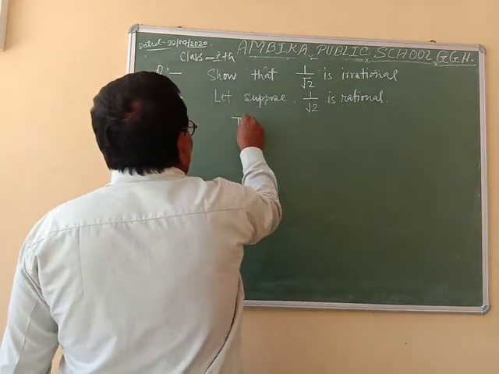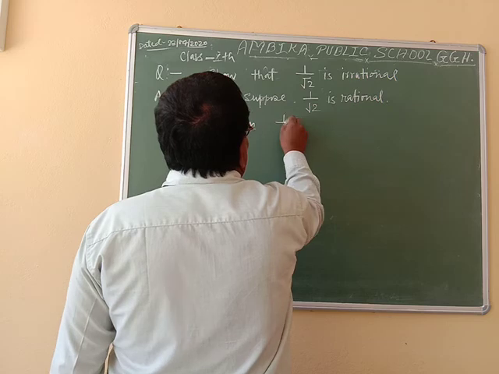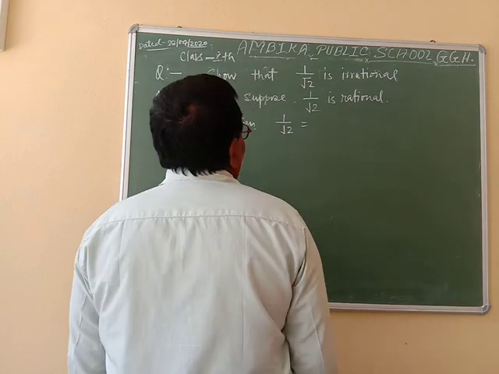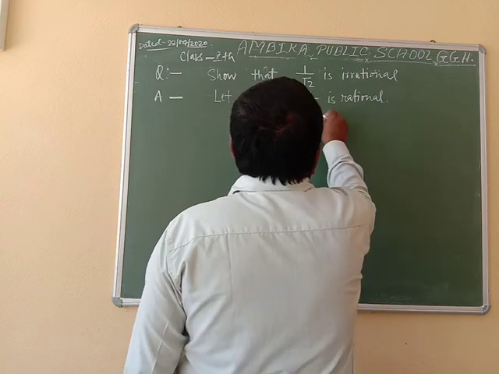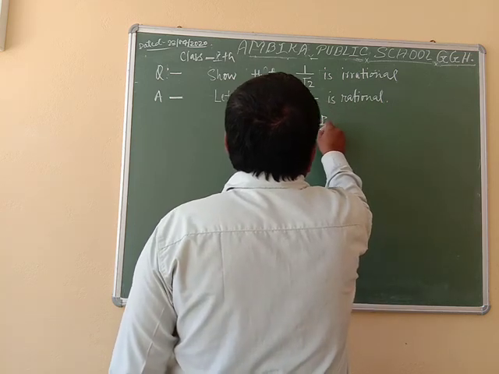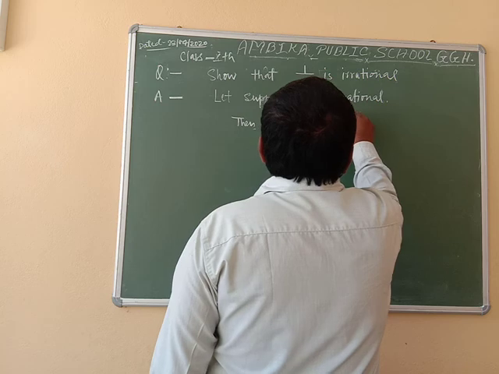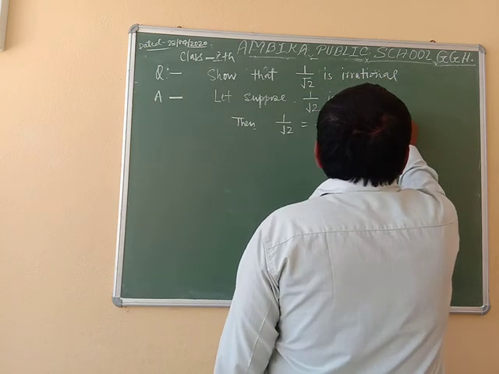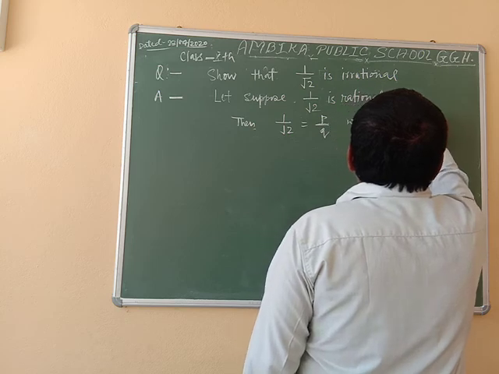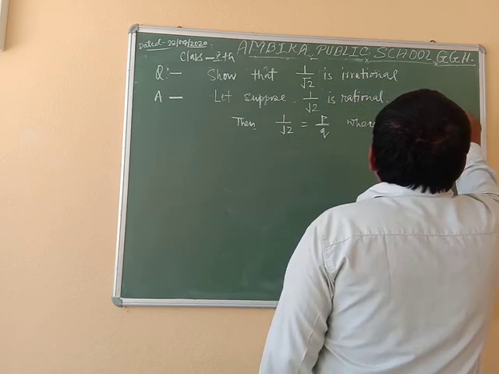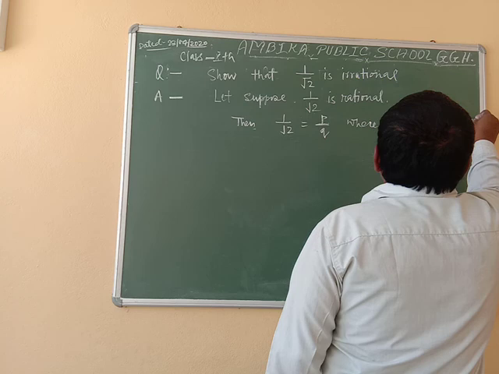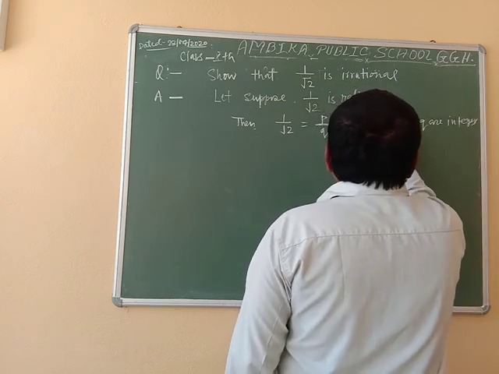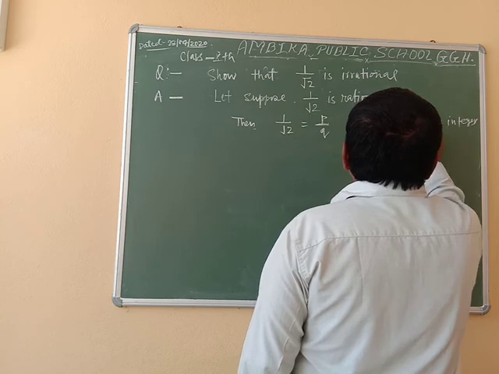Then 1 by root 2 is equal to p by q, where p and q are integers and q is not equal to 0.